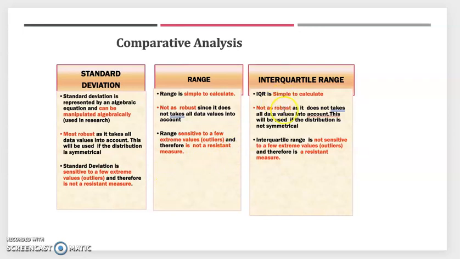But for the interquartile range, after we find the 25%, 50%, 75% quartiles, you use the interquartile range. It's not sensitive to a few extreme values, because remember, you're only using the third quartile minus the first quartile to get your interquartile range. So that's why this measurement is a resistant measure.